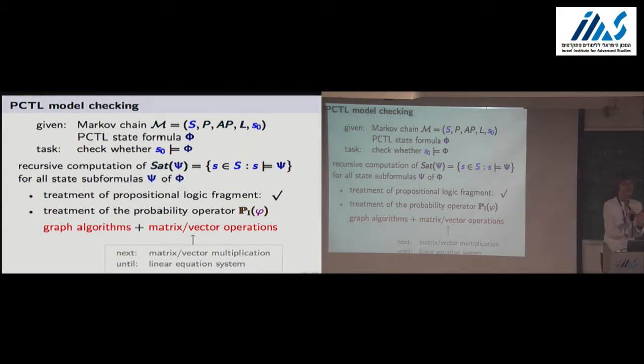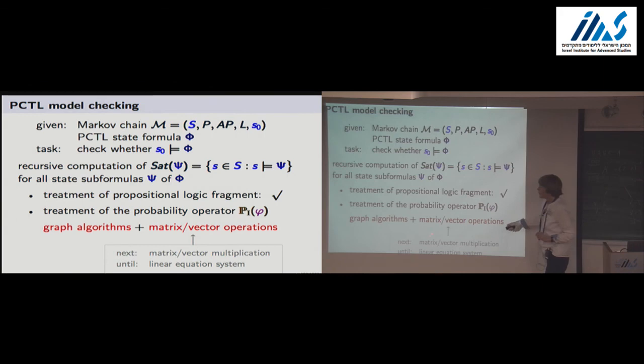I explained it for the eventually operator, but believe me, this can be easily adapted to treat the until operator. This is just this side constraint. You need to modify this linear equation system a little bit. And this means that we can compute these values for the until operator using a linear equation system.